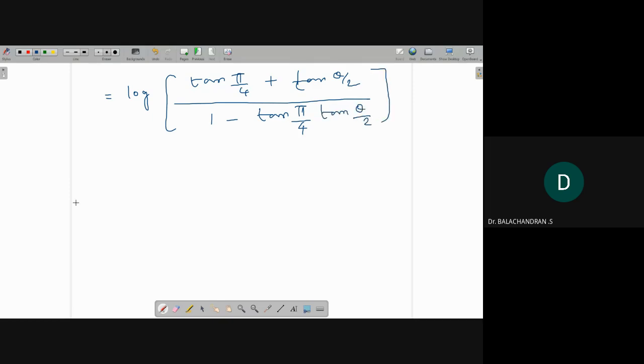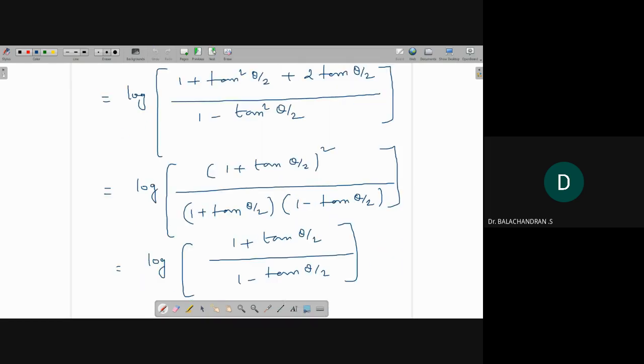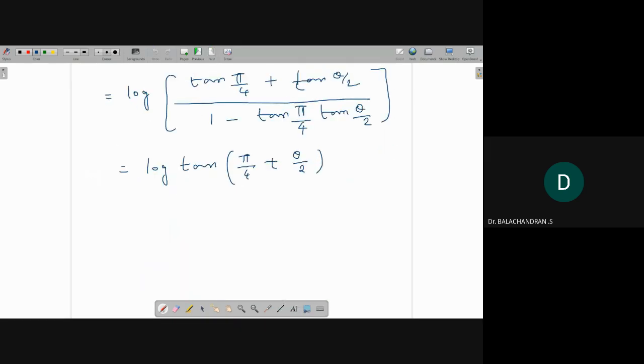So this is equal to log, this is the tan of A plus B formula, tan of pi by 4 plus theta by 2. So this is the left hand side, u. So I proved the first part. Now I need to prove the converse part.